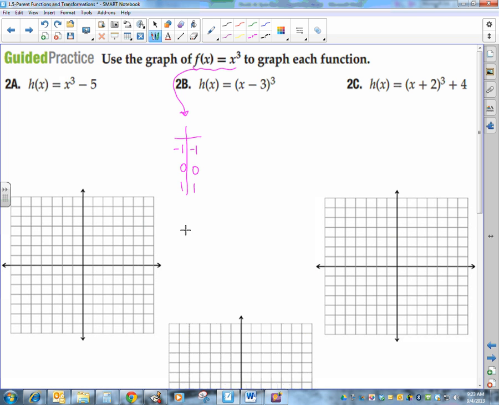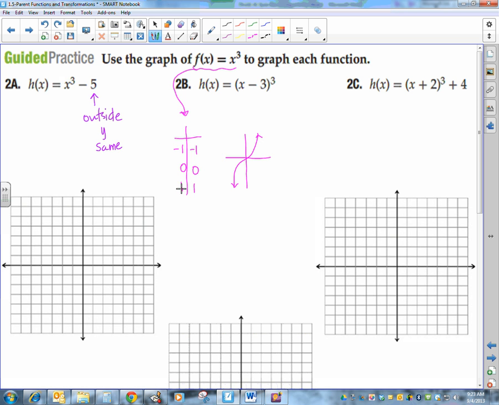And I know that my graph looks like that crazy little S thing. Okay? That is the general shape of my parent function. So I look at this particular one and I say, is that on the inside or the outside? It's on the outside. So it affects the y value, and I do the same thing.